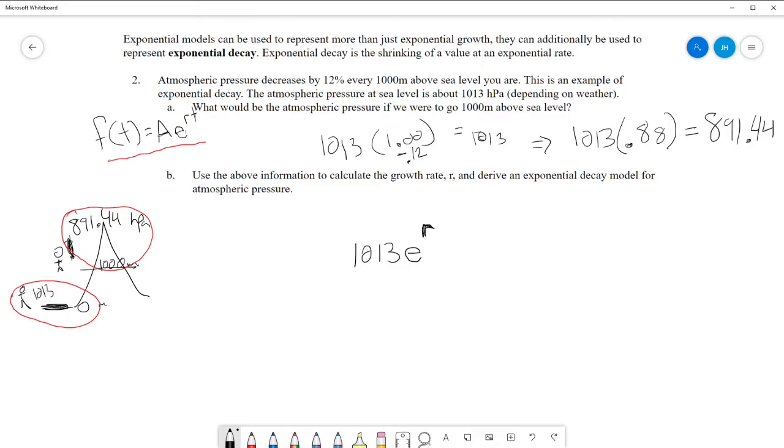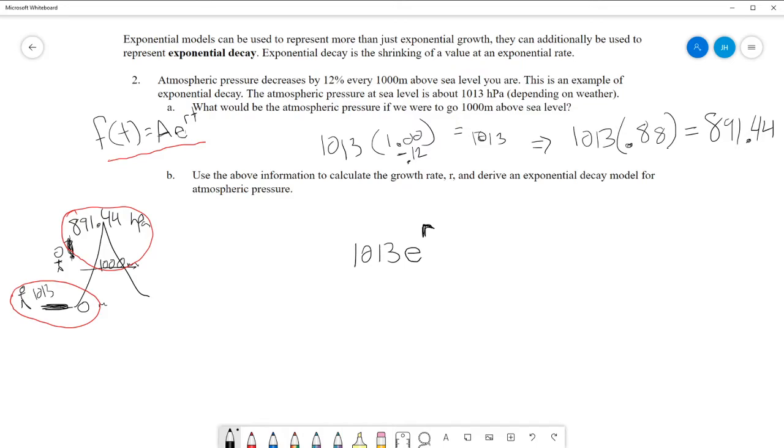And so now the question is, what do we do with t and f of t? This is the whole reason why we calculated this value here. We can plug in 1000 for the time. It's an abstract idea, but while we usually use time to talk about exponential growth, in this one, instead of time, we're actually talking about how high up above sea level you are.